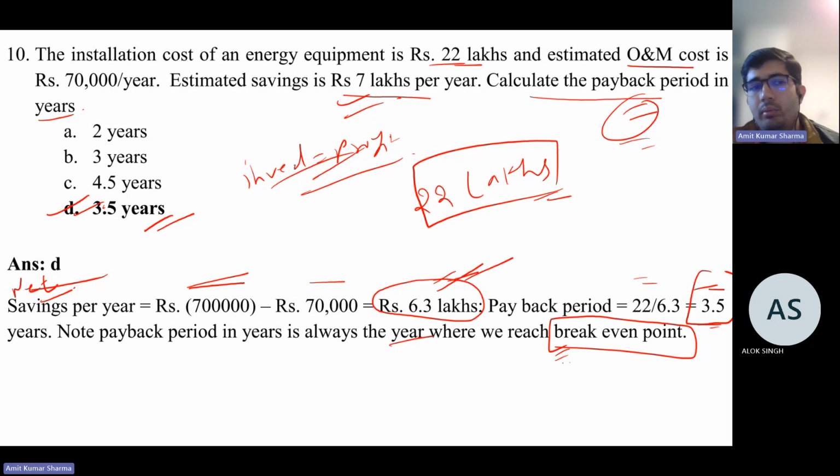So after 3.5 years, the value should be 25 lakhs. But still you are keeping it at 22 lakhs, then the calculation is incomplete. So that's why we have considered the levelized cost of electricity and different methods, because they also consider the time value of money. I think we have covered a question about this earlier.